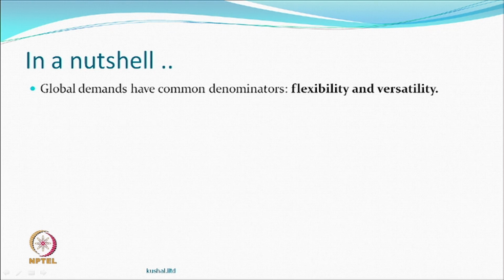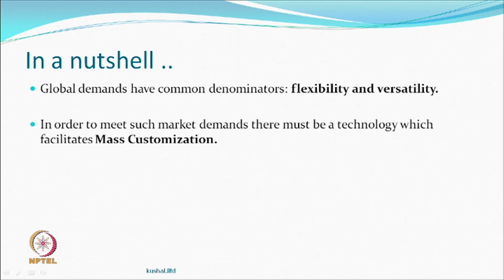Flexibility and versatility, these are two terms which are used these days. How fast you can change and how many things can you do. So, this technology has the option of providing this type of flexibility and versatility. People were talking earlier of mass production.